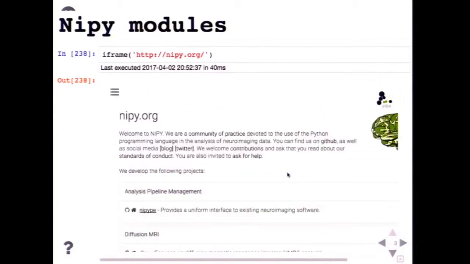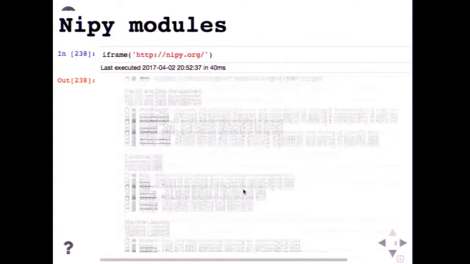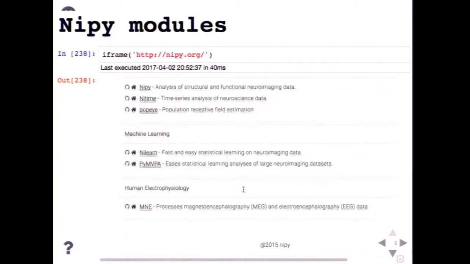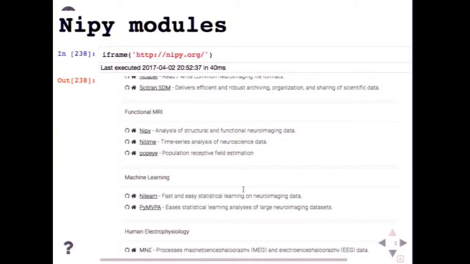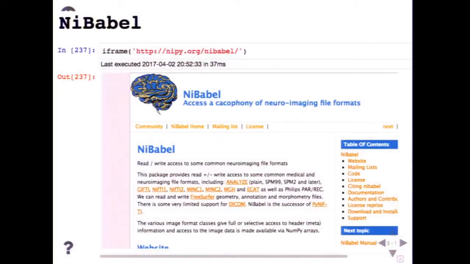Okay. So there are many projects related with brain MRI and also MEG and EEG. I'm going to explain a bit of the ones I know. So the first one is Nibabel. It's a library to read many types of neuroimaging file formats.